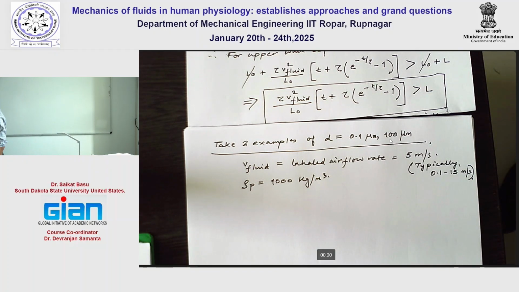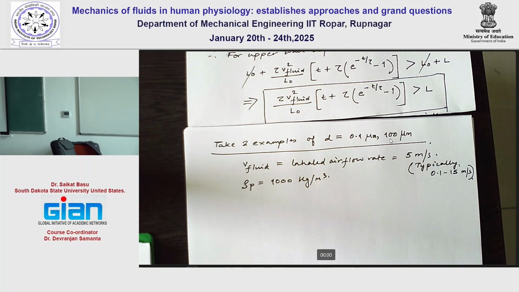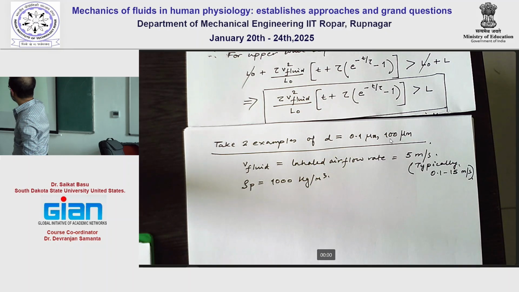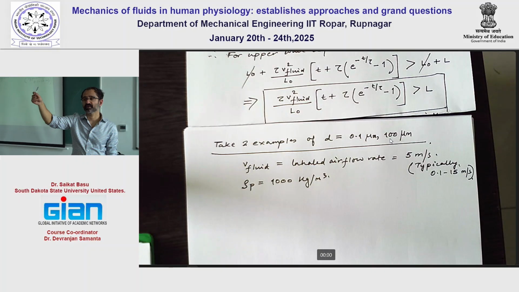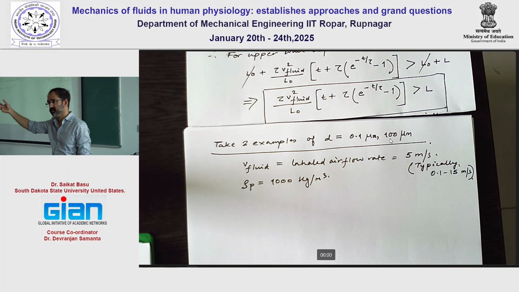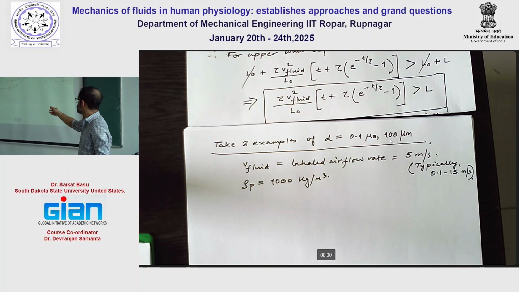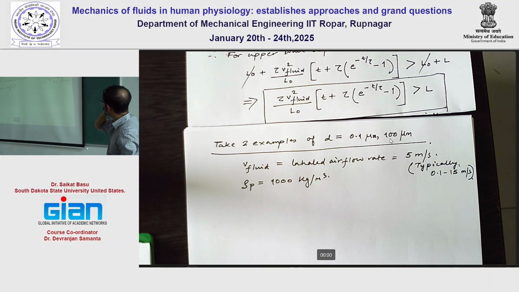Now one may argue, do we need the slip correction? We don't need the slip correction probably for the 100 micron size. We do need it for the 1 micron. And that, I think Devananda, is the reason why the small particles have higher drag. We can discuss this later on. It is because of the slip factor. But anyway, we do need the CC correction. So let's put it there.